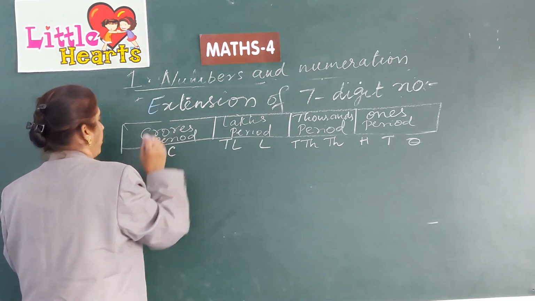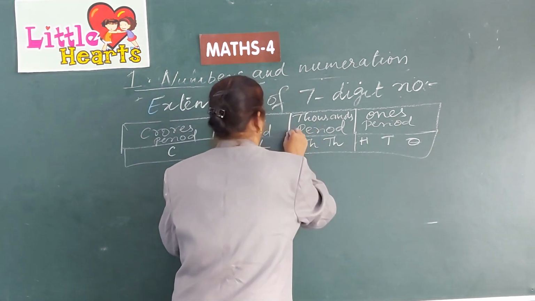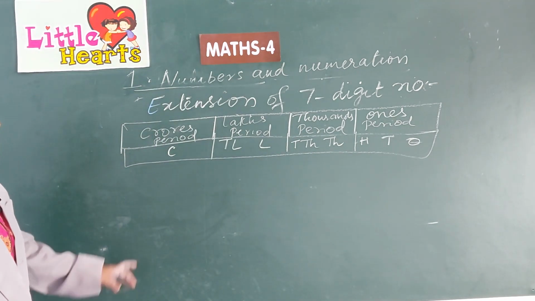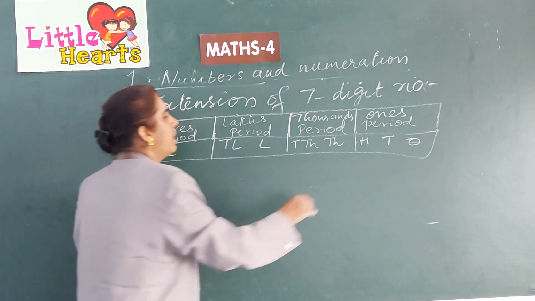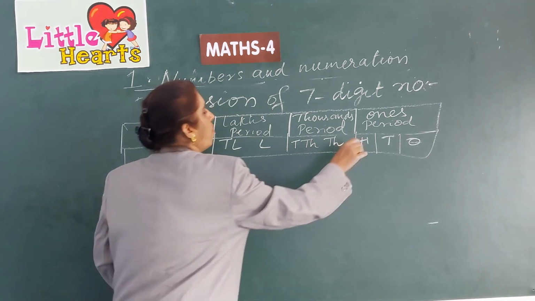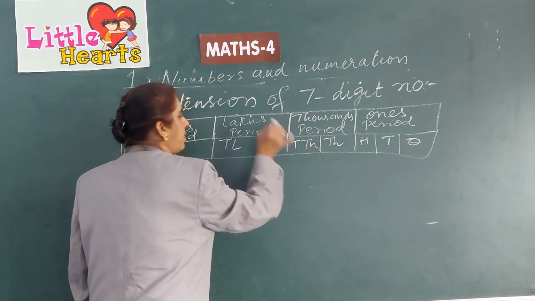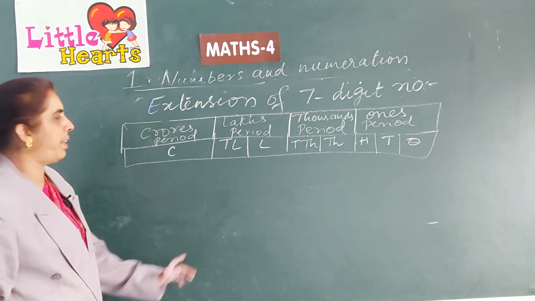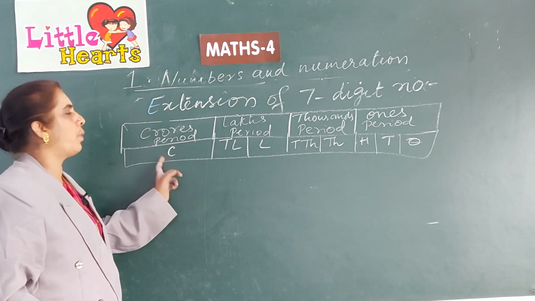So, this is the Indian place value chart, and in ones period we have 3 digits, ones, tens, hundreds. In thousands period 2 digits, thousands to 10,000s. In lakhs period, lakhs and 10 lakhs, and crores period, crores.